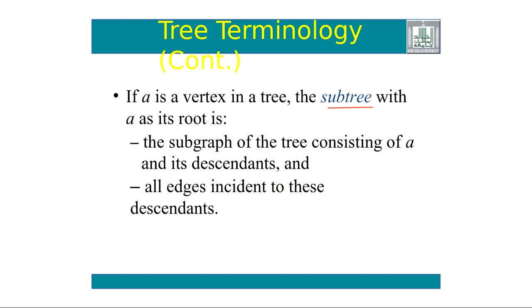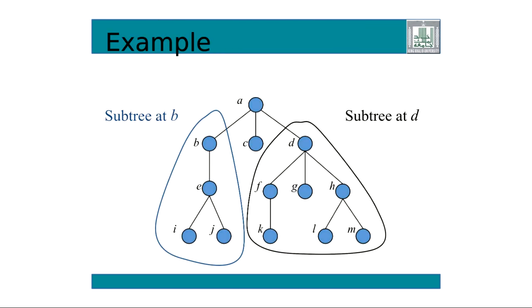See, now coming to the example, see here, this is a parent, the main parent, the big parent, and this is another parent. We can say subtree at B. That means only the relations of B. This is the subtree of B. And we can say here the subtree of D. Only the relations of D. Like that we can say.